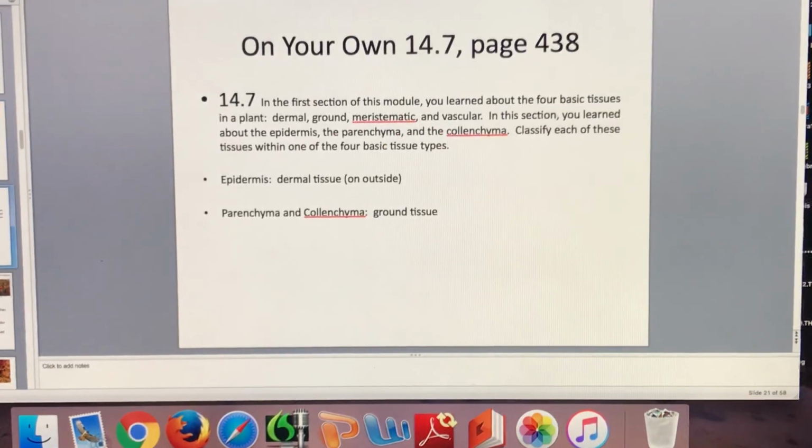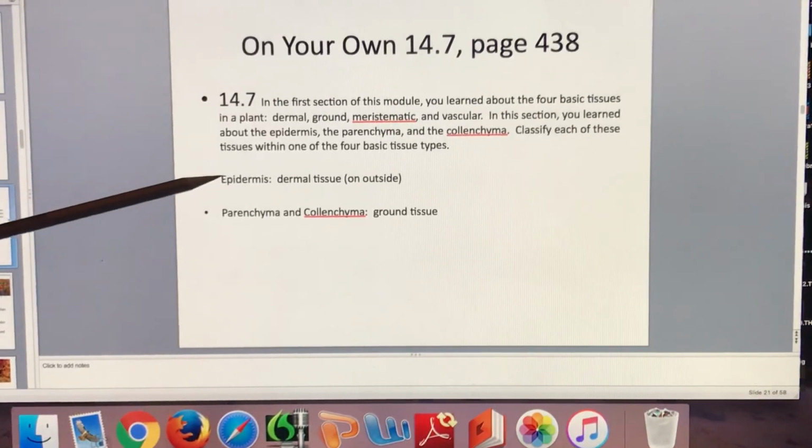All right, and now on 14.7, it reads, in the first section of this module, you learned about the 4 basic tissues in a plant: dermal, ground, meristematic, and vascular. In this section, you learned about the epidermis, parenchyma, and parenchyma. Classify each of these within the 4 basic tissue types.